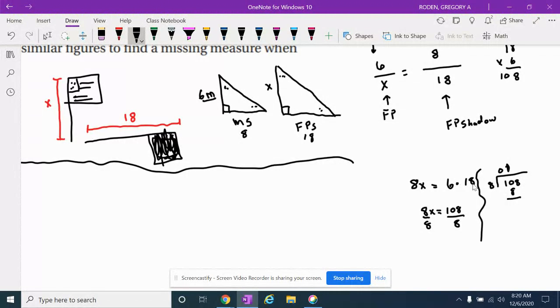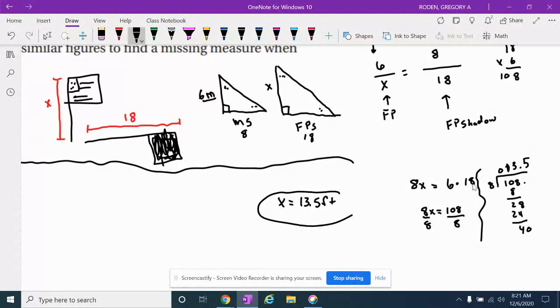So that's an 8, and then we subtract, we get a 2. 8 goes into 28, let's see here, 8 times 3 is 24. Bring down, 28 minus 24 is 4. Looks like we're going to need a 0 here. Bring down the 0. And then 8 goes into 40 5 times. So we know the flagpole is going to be x equals 13.5 feet.